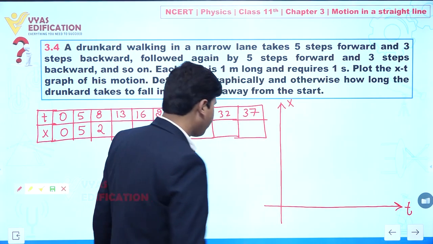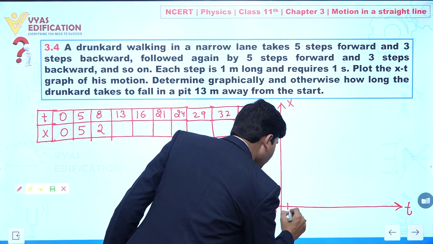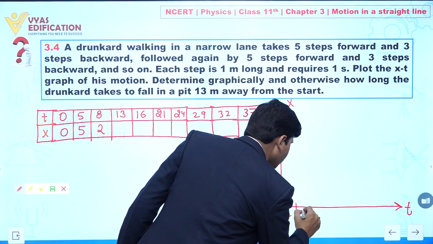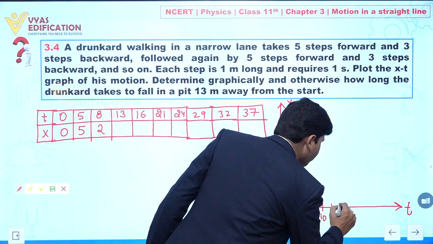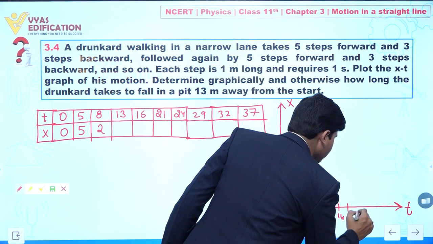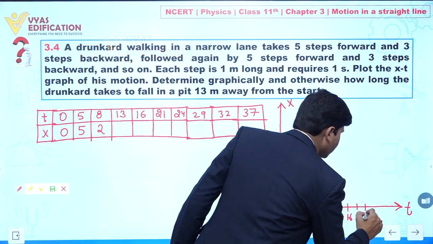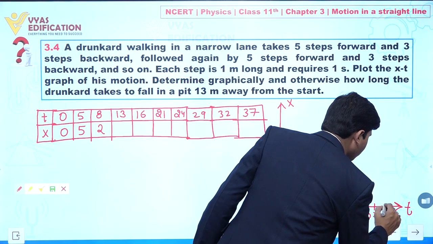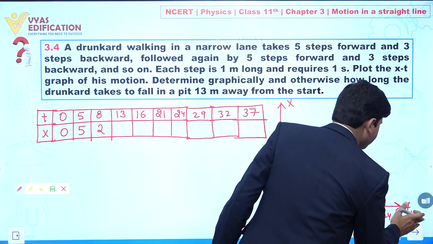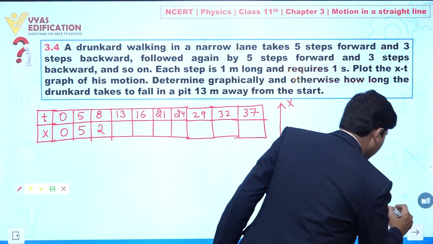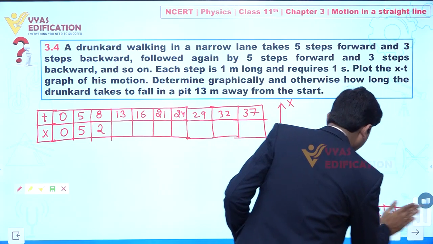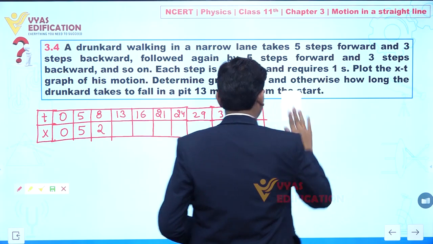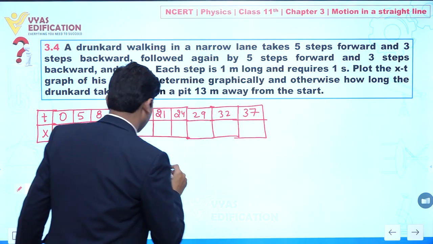I am taking 0, 2, 4, 6, 8, 10, 12, 14, 16, 18, 20, 22, 24, 26. Clear? Actually I am drawing it like this.